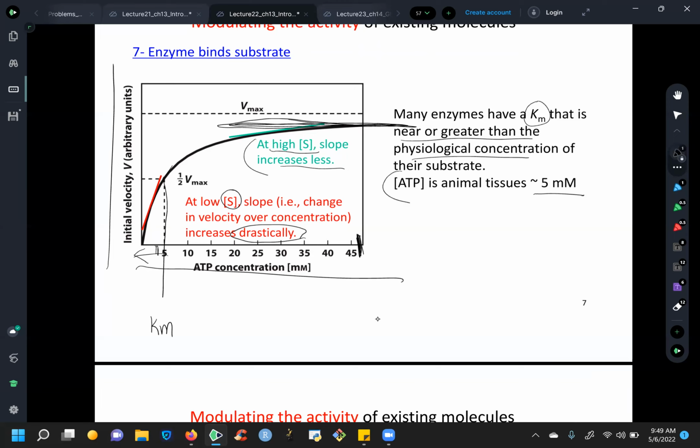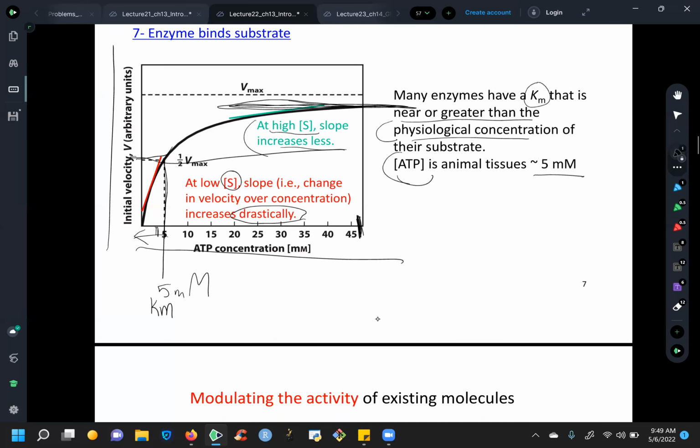That's a definition you should know. If we look here at half of the maximum velocity, the concentration was 5 millimolar, and that's what they're saying. ATP concentration in animal tissues is about 5 millimolar, and for many enzymes, their Km is near or greater than the physiological concentration of that substrate. So that's a fact. Make a little flashcard.